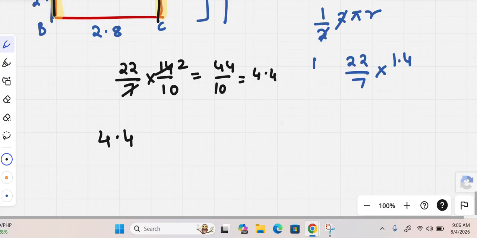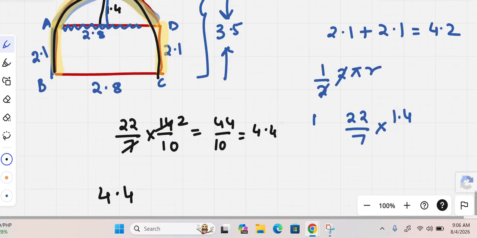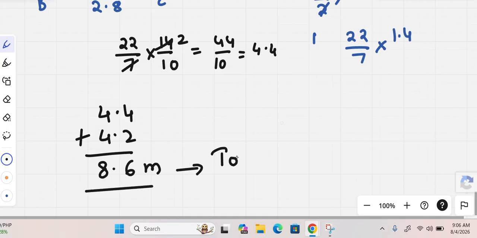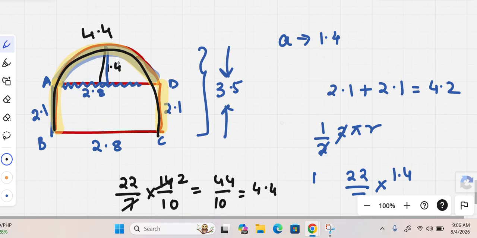Yes, ma'am. 4.4 plus 4.2, which is 8.6 meter. That is the total perimeter asked in the question. They clearly asked you to exclude this and this. So it's this outer frame they asked you to find.